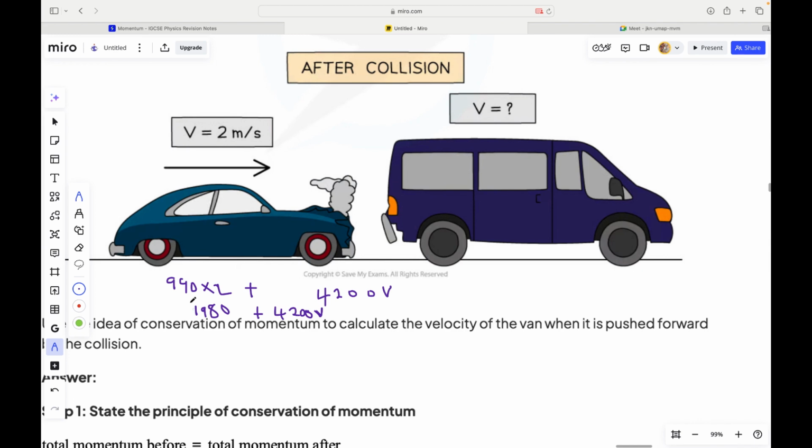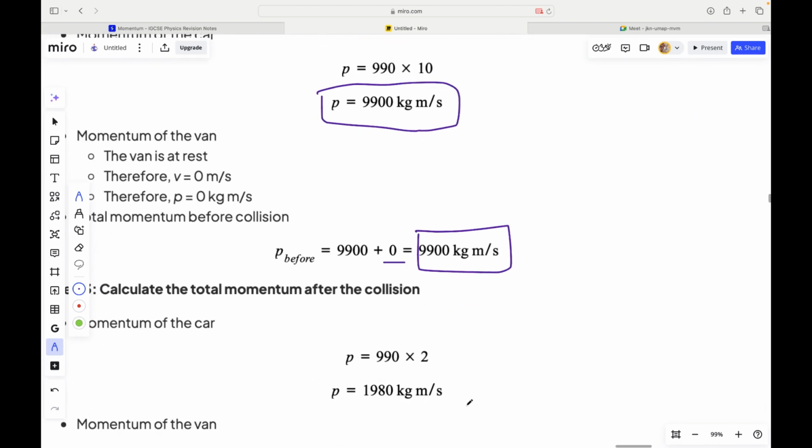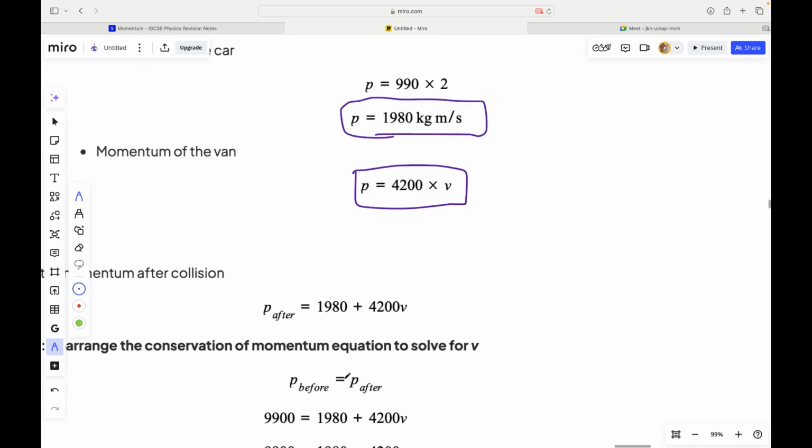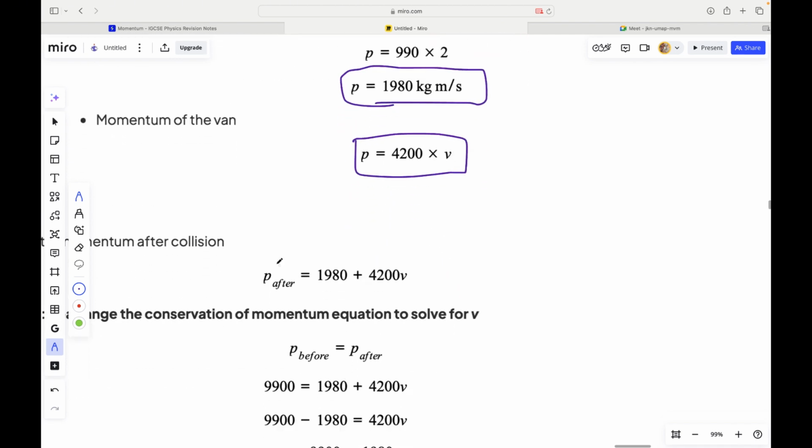The first part, 1,980, is the car's. The van's is 4,200 V. If you add them after collision, you get the total momentum after collision.